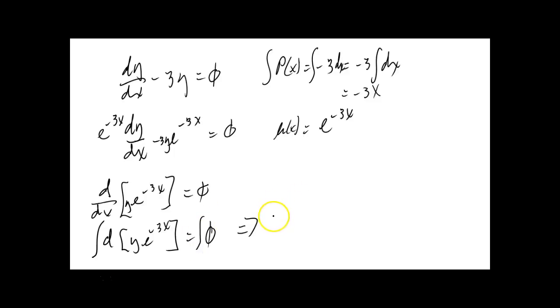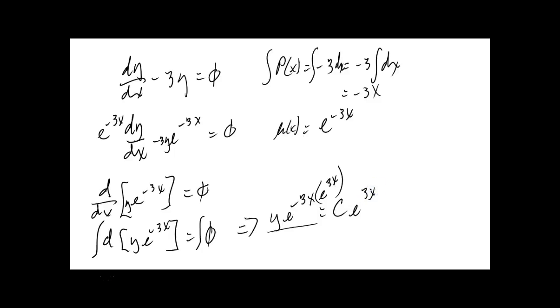And this gives us y e to the minus 3x is equal to some constant c. And now we can multiply both sides of the equation. I was starting to divide, then I decided to multiply. Multiply both sides of the equation by e to the 3x.